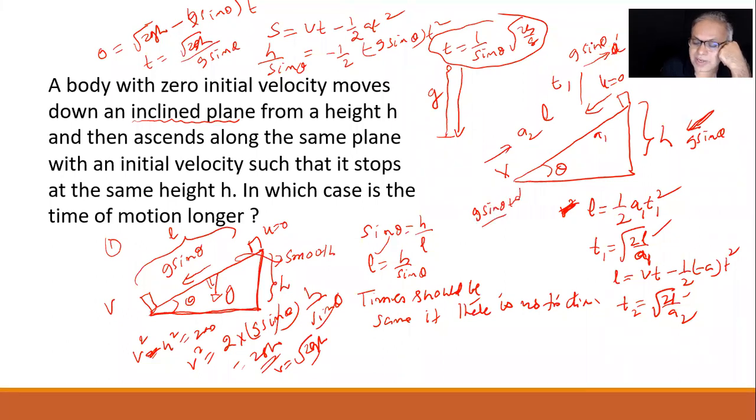There it is g sin theta minus a dash. So which is more? g sin theta plus a dash. So this deceleration is more. That means a2 is more. You understand? That means t2 is less, t1 is longer. That means the coming down time will be greater than the time going up.